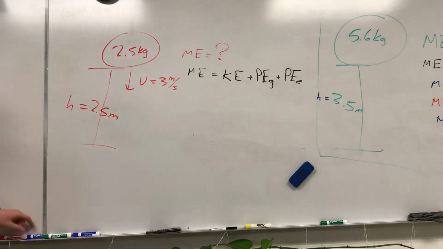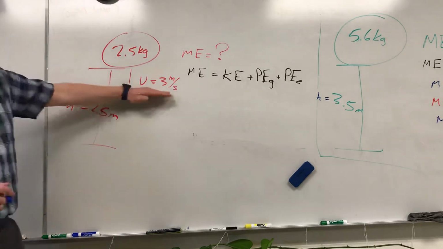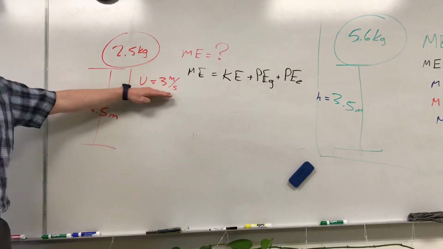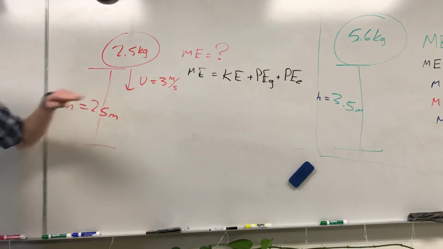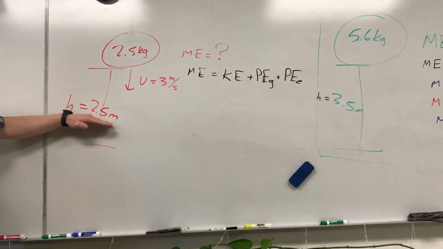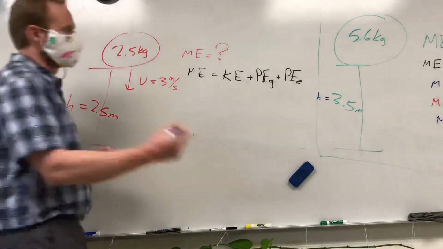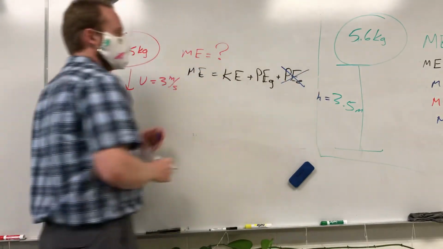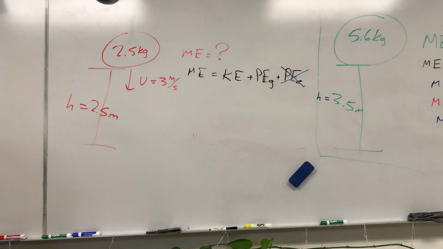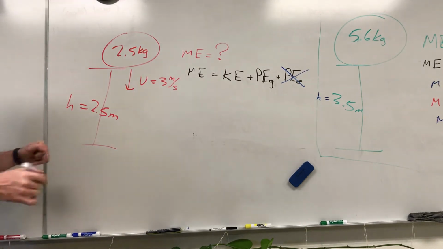Ask ourselves the questions. Is it moving? Yes. That's KE. PEG, is there a height? Yes. Is there a compressed spring? No. Identifying types, that's key.